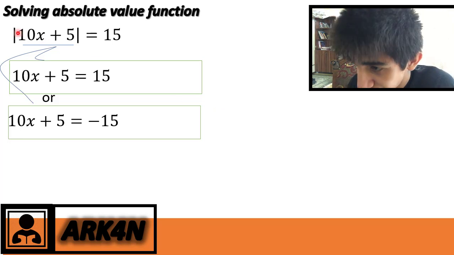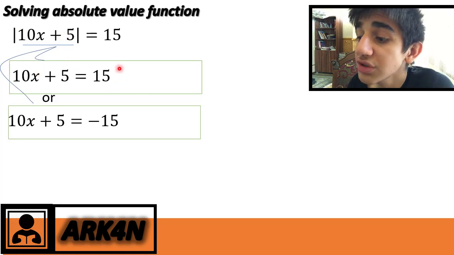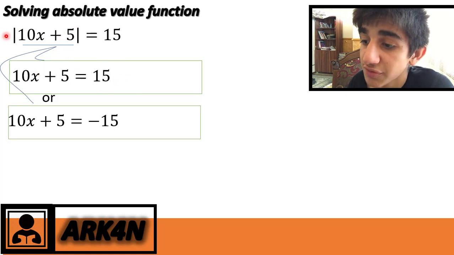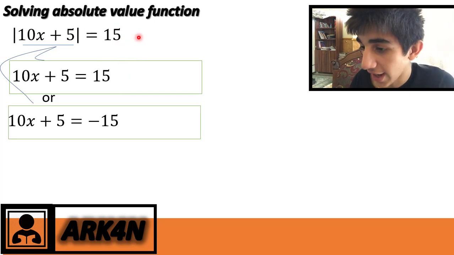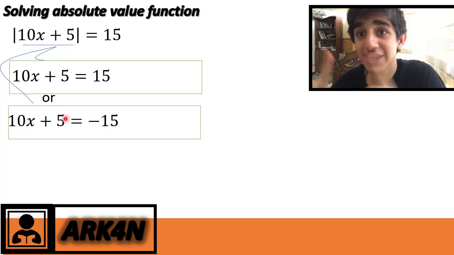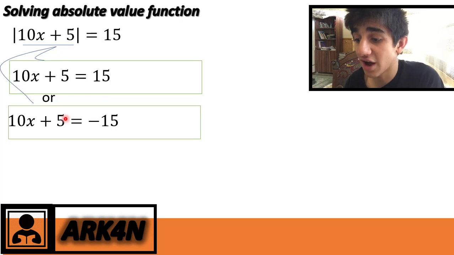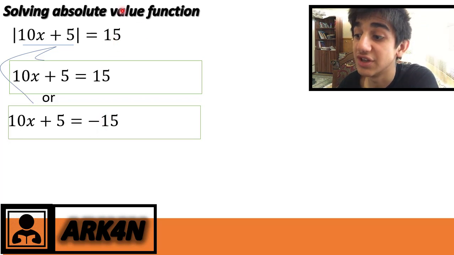Take a look. If 10x plus 5 equals 15, the absolute value makes it 15 and we have a true equation. And if 10x plus 5 equals negative 15, only 10x plus 5, not the absolute value, then the absolute value will remove this negative and make it 15 too.